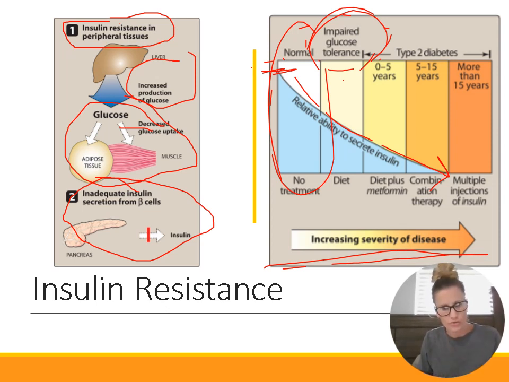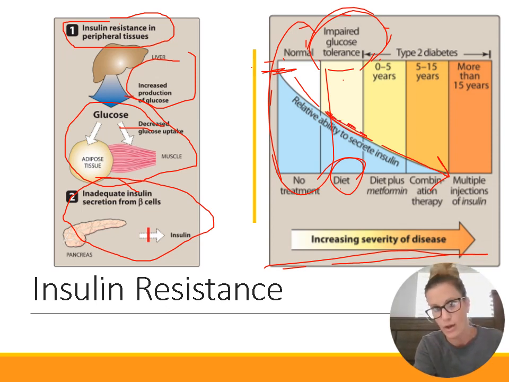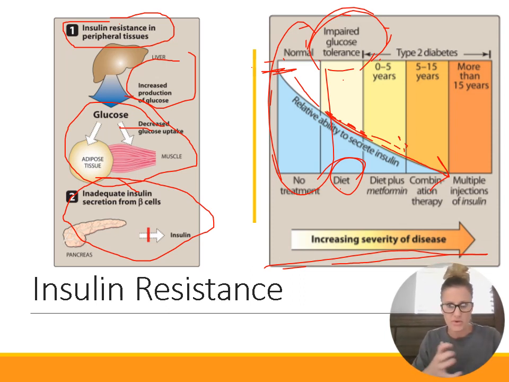It's harder for them to process that glucose and get it out of the bloodstream. At that point, we can generally manage people with diet, but you do see that, if this continues, their ability to produce enough insulin is going down. That progresses normally, 0 to 5 years.